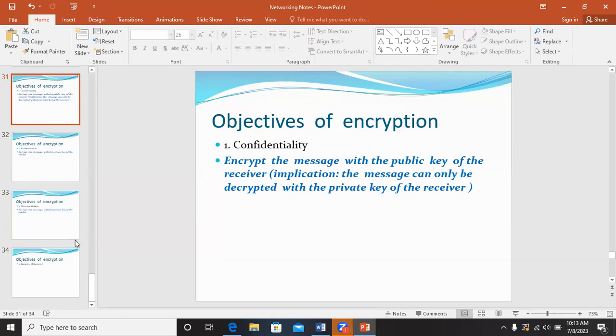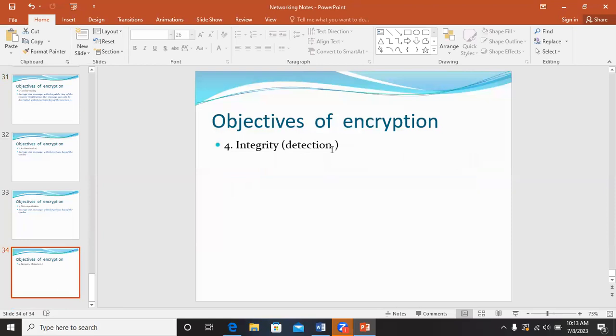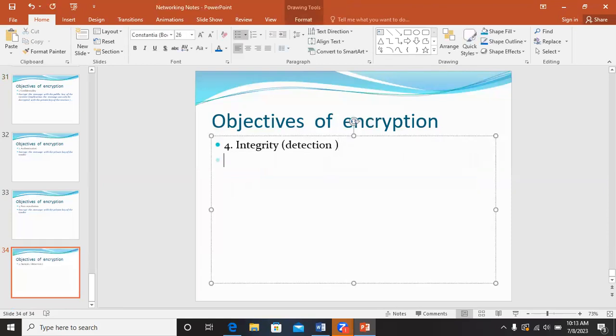But when it comes to the fourth, integrity, we'll be looking at the third type of encryption, C, which is the hash function algorithm. Now, how does this hash function algorithm work? Examples are MD2 and MD5, where MD is message digest. There's also one called SHA, secure hash algorithm.